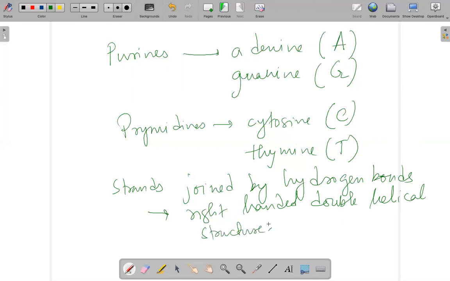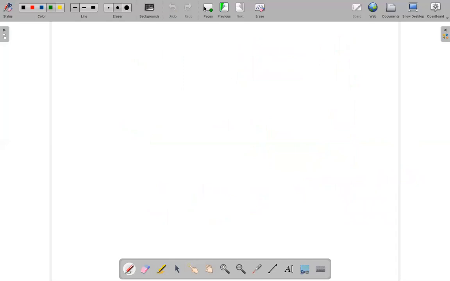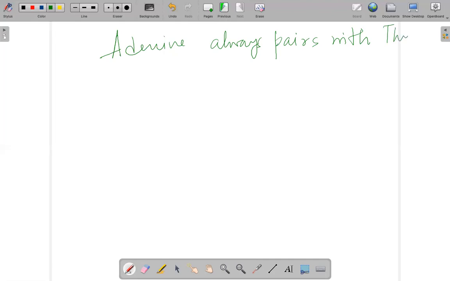I guess you have heard of this multiple times on different occasions. Further, in this bonding, adenine always pairs with thymine.